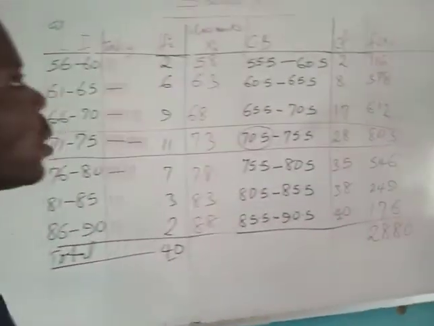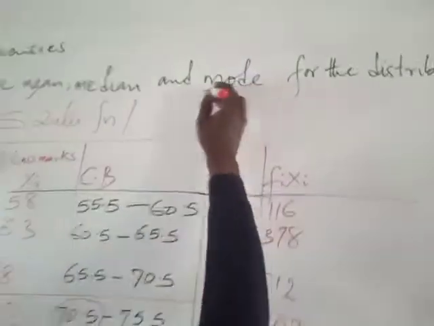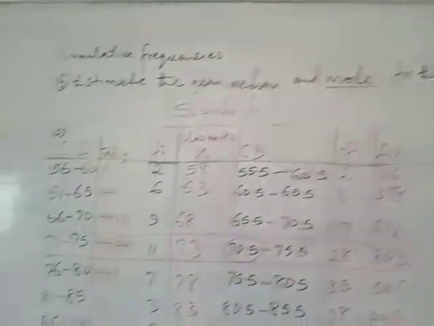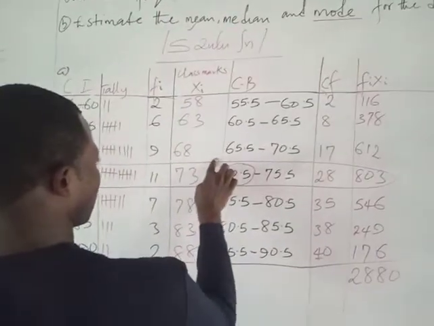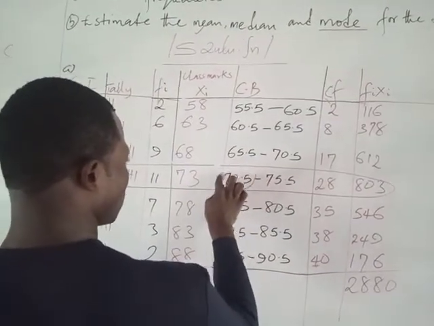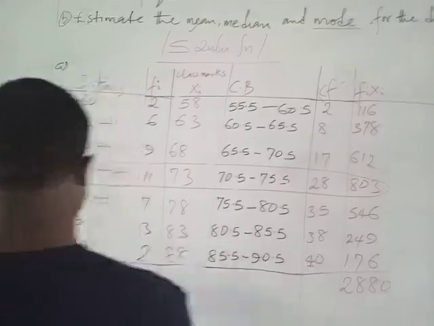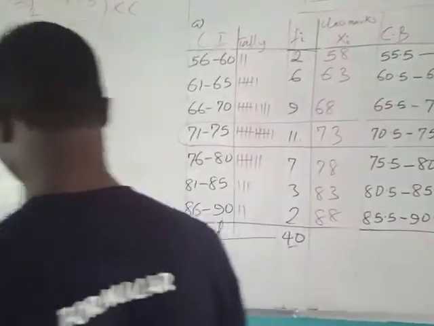So the next question, which is the last question, is the mode. So how do you obtain the mode? In doing that, let's clean this out. So let's look at the mode.